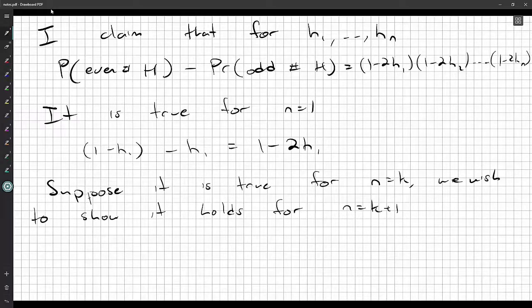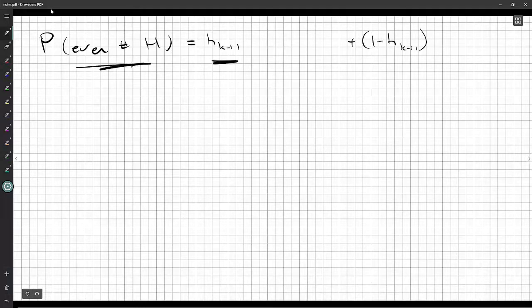So, what's the best way to say this? So the probability of an even number of heads: either the (k plus 1)th coin is a head, or the (k plus 1)th coin is not. Now, if it is a head and we want an even number of heads, what do the other coins have to be?